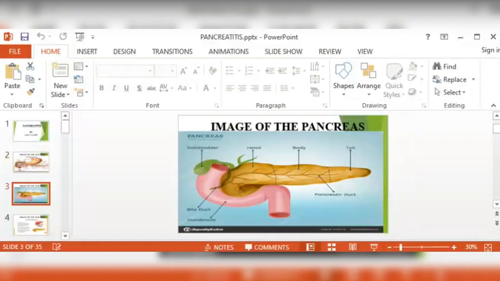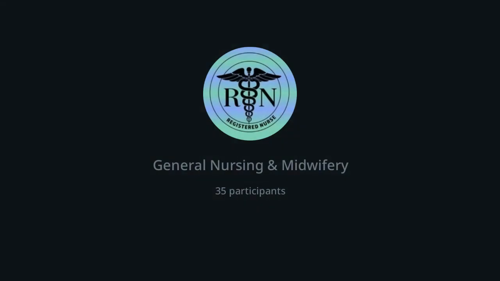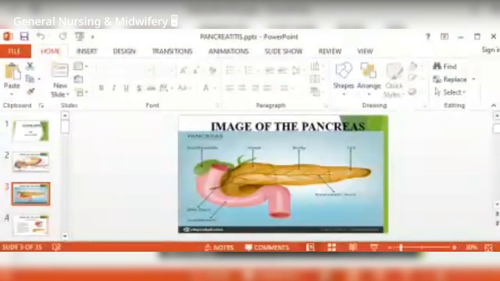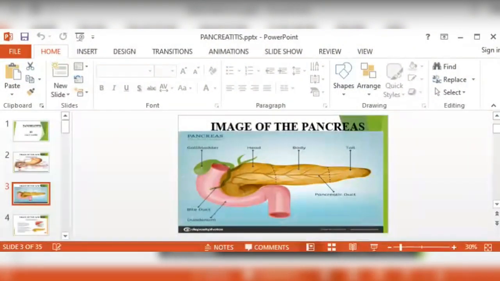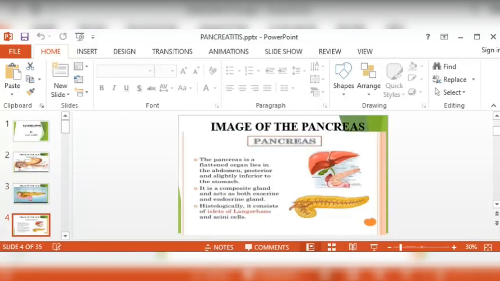So this is a typical pancreas. It has the body, the tail, the head, and the pancreatic duct, through which the pancreatic juice is secreted into the duodenum, the first portion of the small intestine. This is another image of the pancreas.